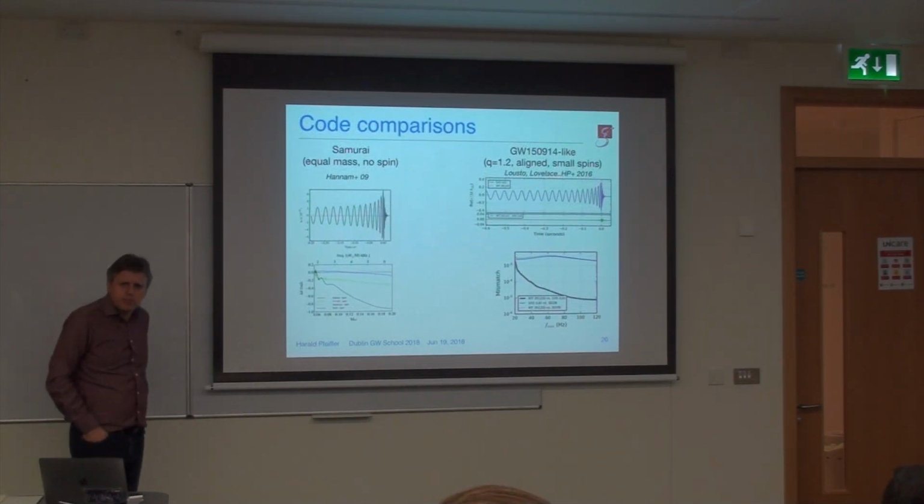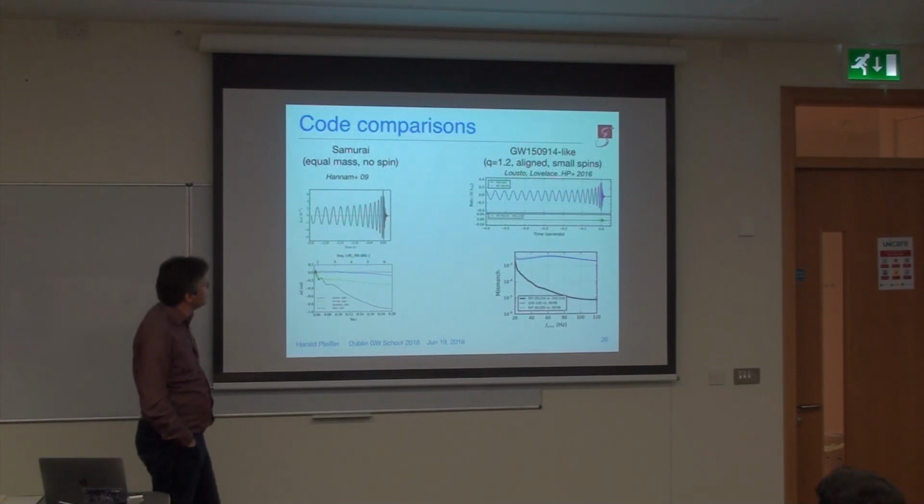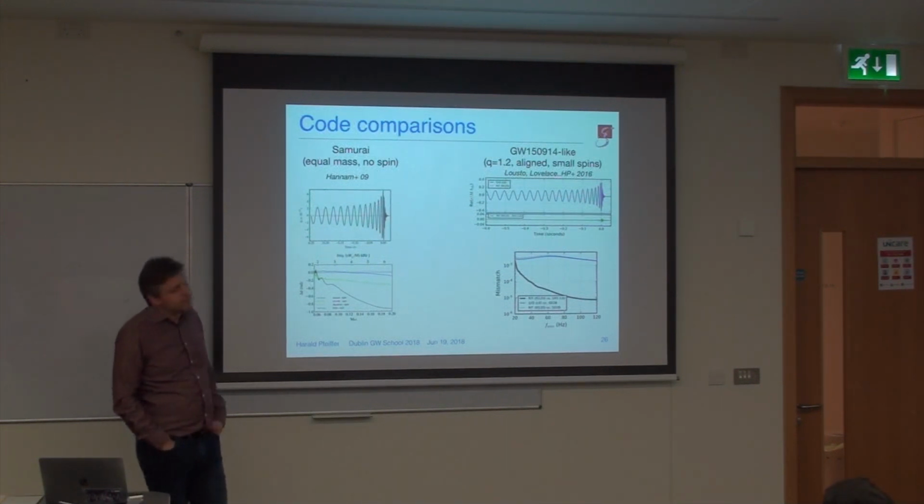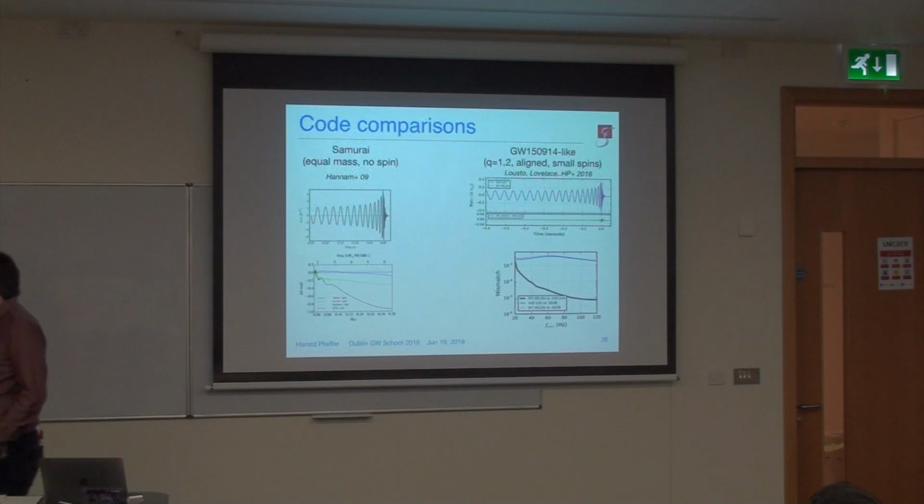Also, over the years, there have been quite a few numerical relativity code comparisons. And that's very important because these codes are so complicated, all of them. I've shown you a few details about SpEC. It's really complicated.